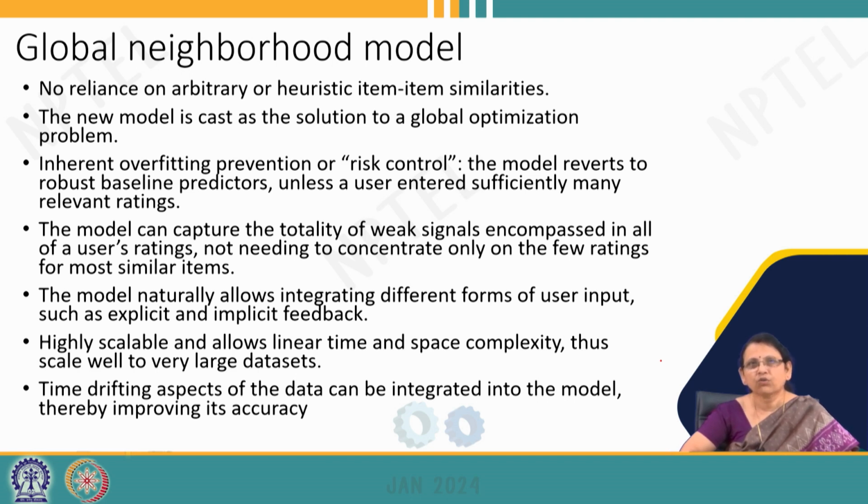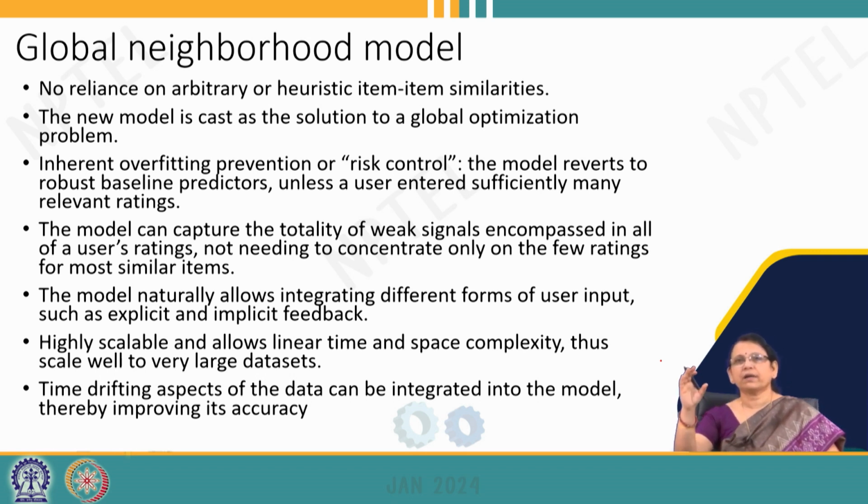So, now in a global neighborhood model, this concept is extended. You do not rely on this heuristics based item similarity. And why is it called global neighborhood? Because it mostly considers item relationships. We cannot call it similarity, they are equivalent to similarity, but they are item relationships.